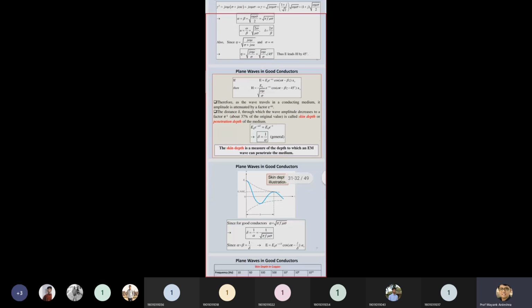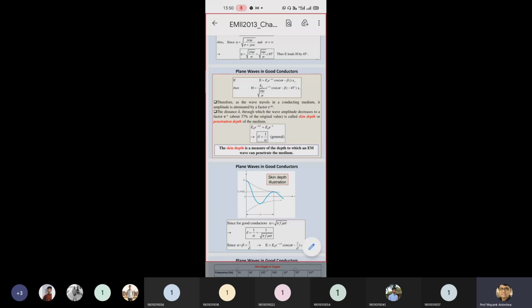Suppose any particular conductor has a radius of, sorry, not 1 meter, consider 1 centimeter, and whatever signal is given, only 50% of your conductor is penetrated by this particular signal. Then you can easily find the depth of penetration.